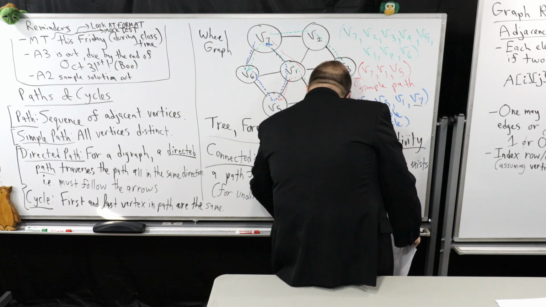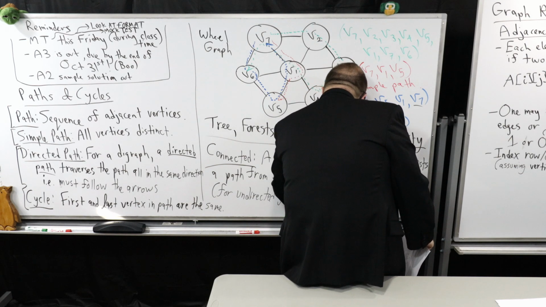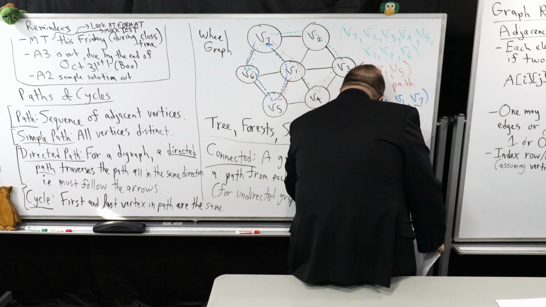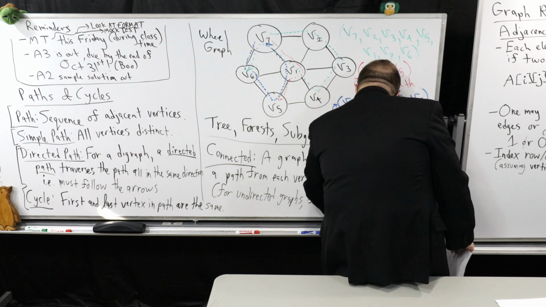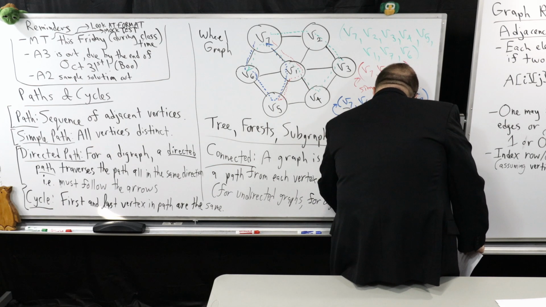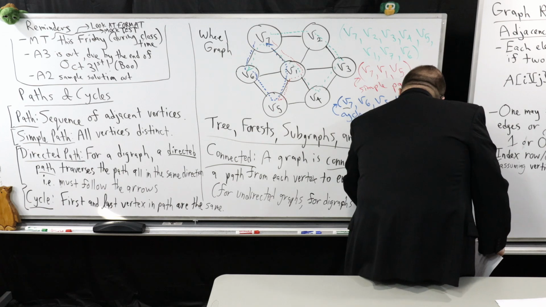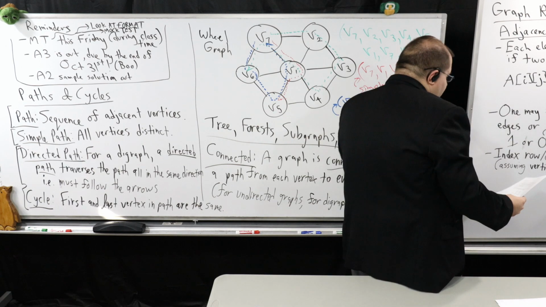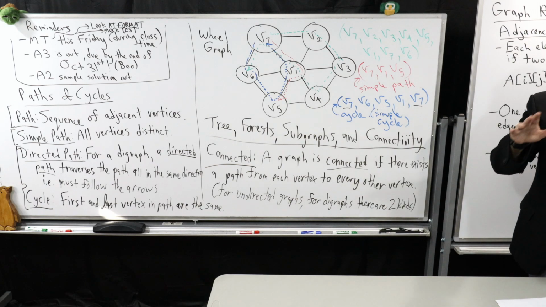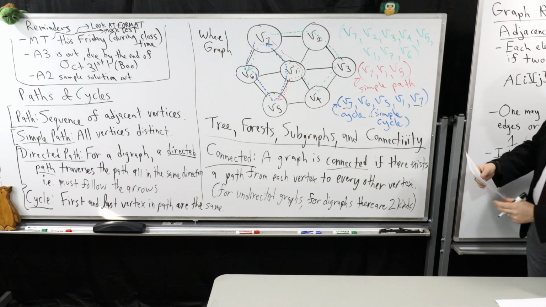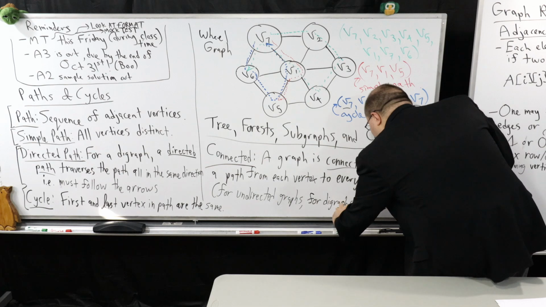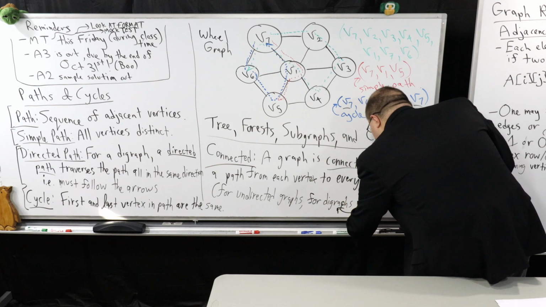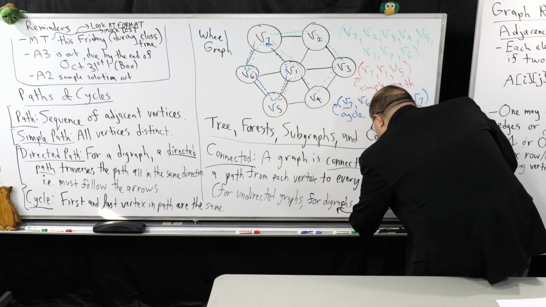For digraphs, there are two kinds. There's two notions of connectedness in a directed graph. I'm going to let you take a look in the notes for this. I have an example showing you how this works, so please see the notes.